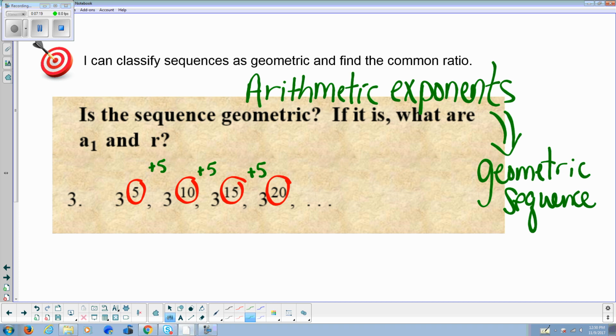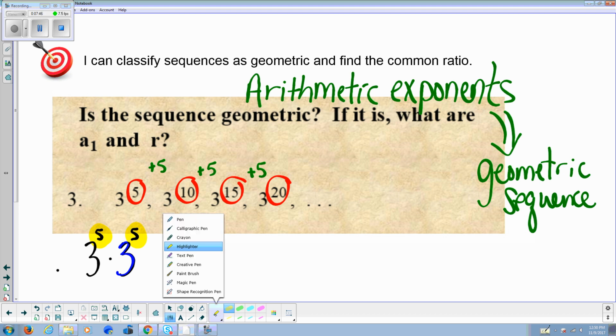3 to the 5th power times 3 to the 5th power equals 3 to the 10th power, because in multiplication, we add exponents of like bases.